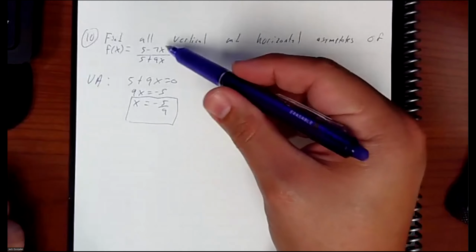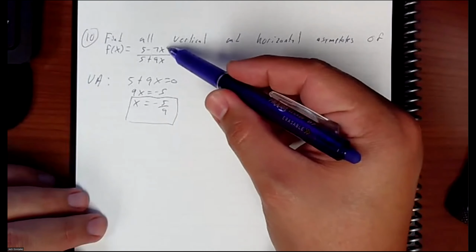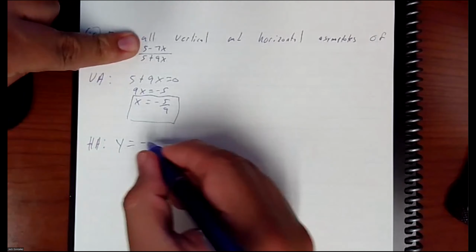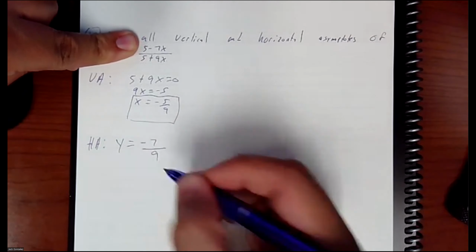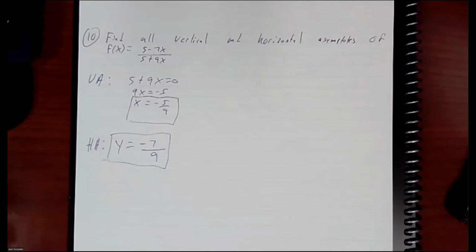Horizontal, we had a 3 set of rules in the notes. We said you have to look at the degrees. So it all depends on the degrees of the top and the bottom. So if they are the same, we said the horizontal will be y equal to the leading coefficient of the top, which is -7, divided by the leading coefficient of the bottom. So that's it. It just depends on the scenario.